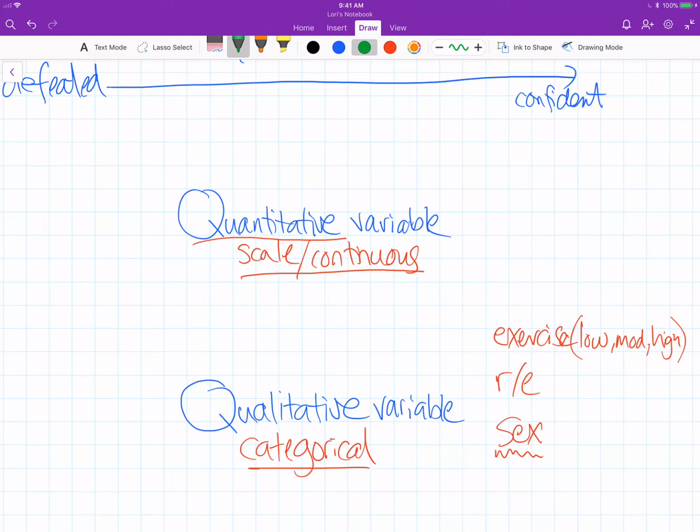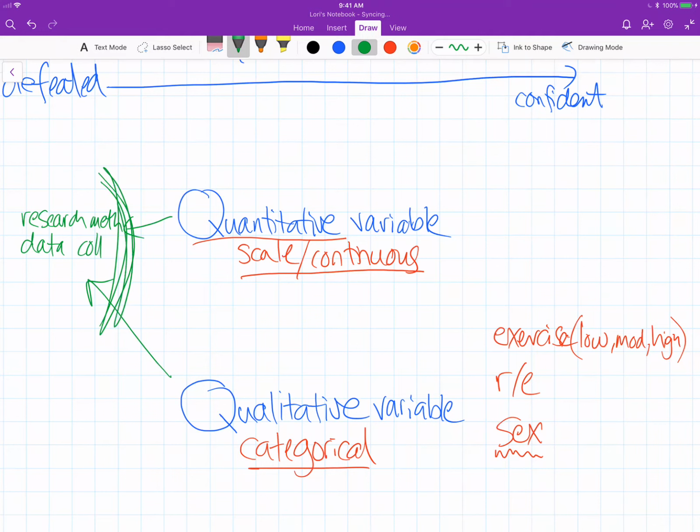If we call something quantitative, often that can be confused with something called quantitative research methods, or quantitative data collection methods, versus qualitative research methods and qualitative data collection methods. And so these are not the same thing.